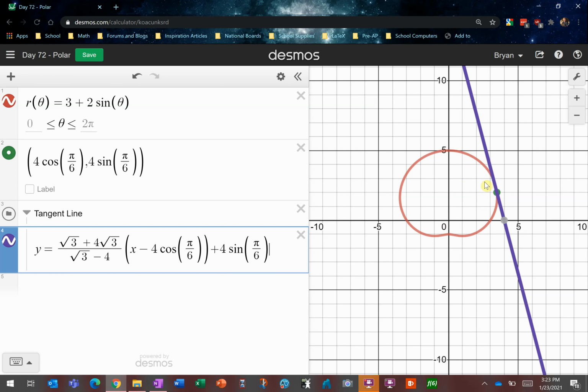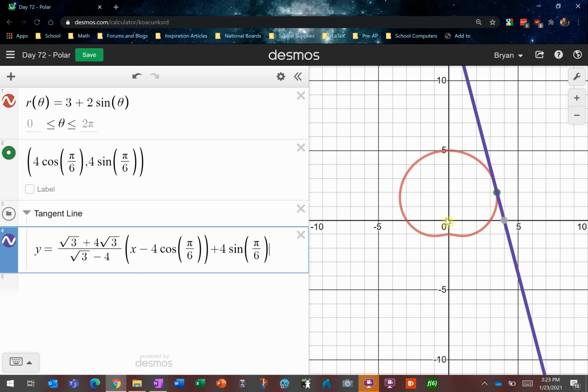While the radius is getting longer, dr d theta, which measures how the radius is changing, will be a positive value. We started with a radius of 3 over here, so dr d theta is positive, positive, positive, positive, till we get to 5. But then look what happens after 5.